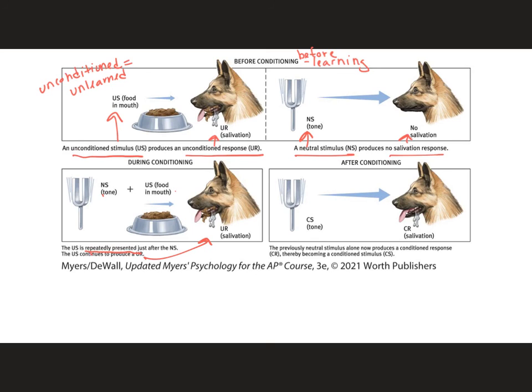The neutral stimulus becomes the conditioned stimulus, which then causes the conditioned response, or the learned response. So essentially, classical conditioning is when you condition, or in other words, learn a reflex.